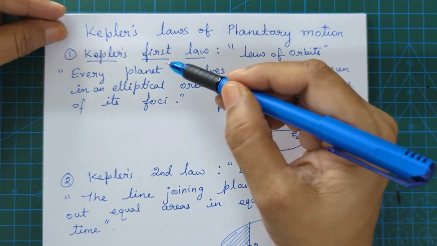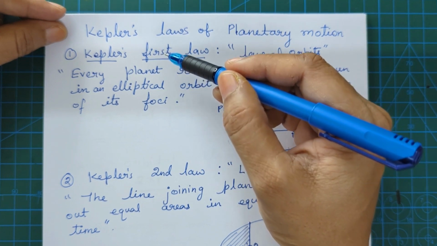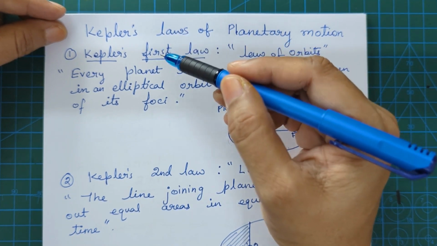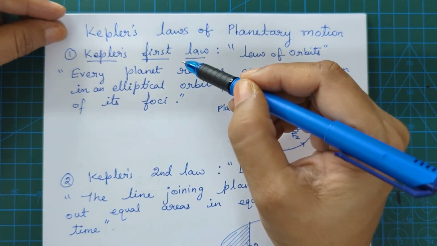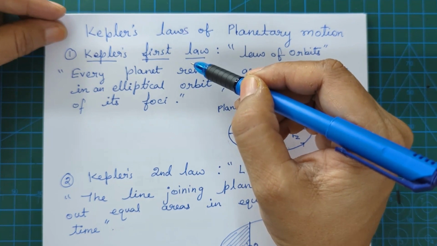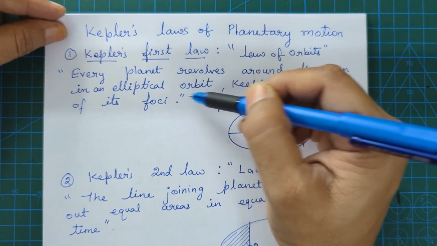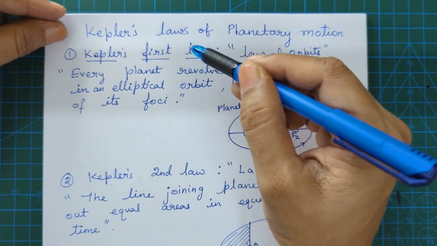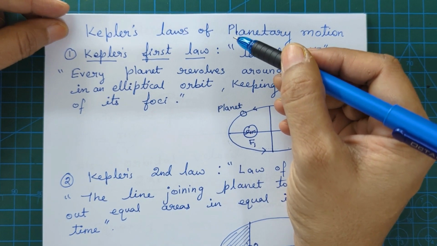Prior to the sun-centric theory, the popular theory was the geocentric theory that was proposed by Aristotle. Aristotle's geocentric theory means geo, meaning earth, is at the center of the solar system and the sun and remaining planets revolve around earth, which was proved wrong by Copernicus.